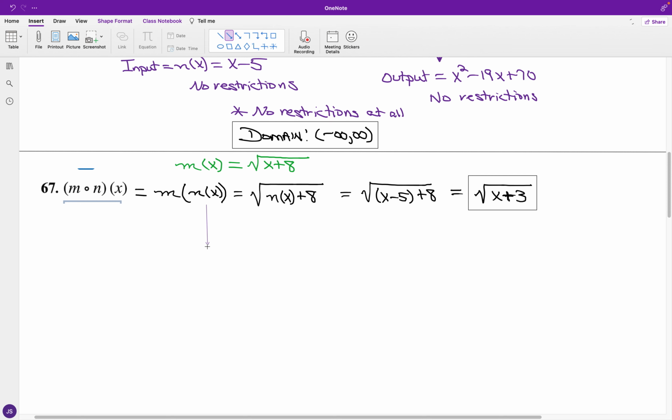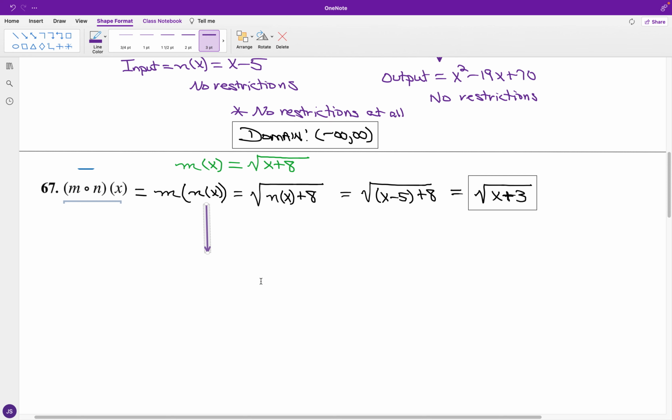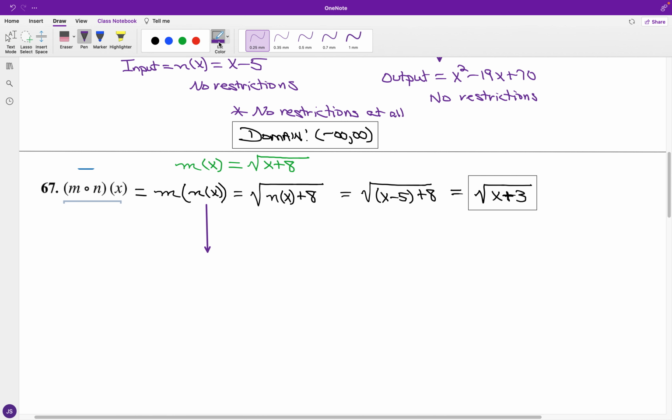And for what we have regarding the domain, we're looking at combining the inputs and the output restrictions. So n of x, the input, n of x is x minus 5. Again, you have no radical, no fraction. So you have no restrictions.